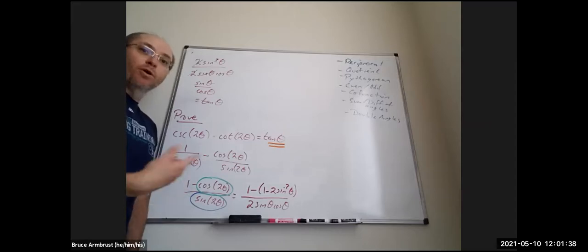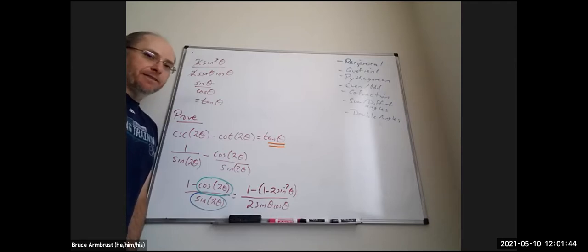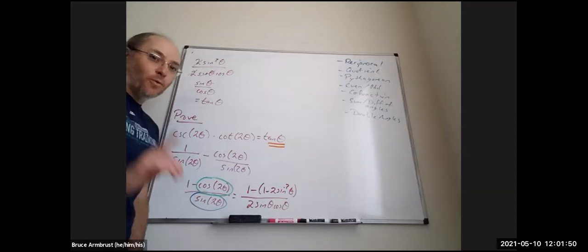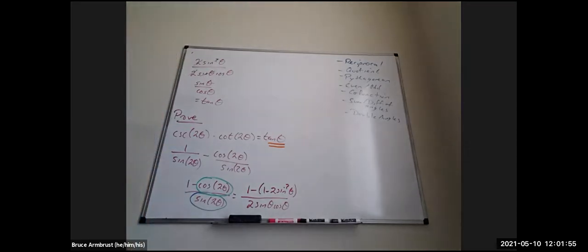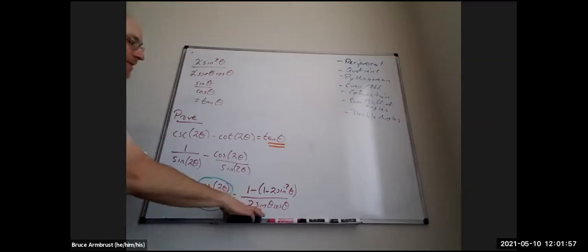There just would have been more steps that we had to take. All right, so, you know, take Bruce's advice. Be lazy. Whenever possible, be lazy. All right, so there you go. Little review of the double angles.